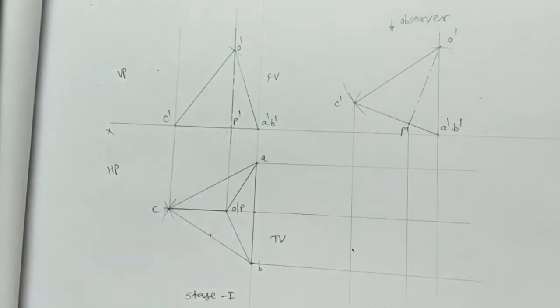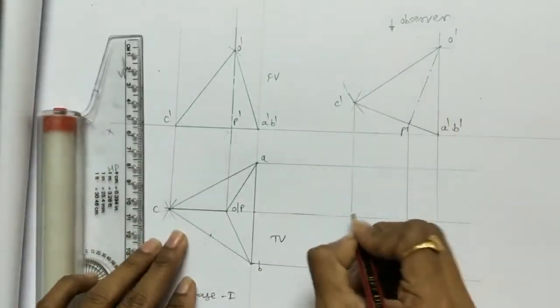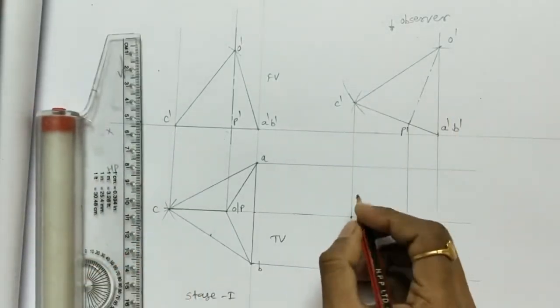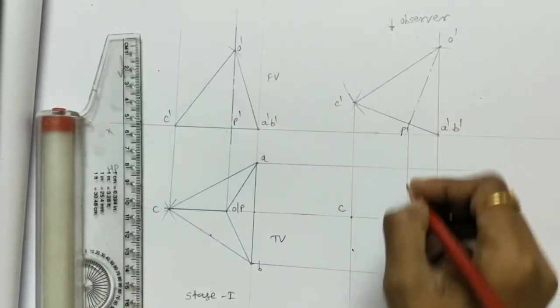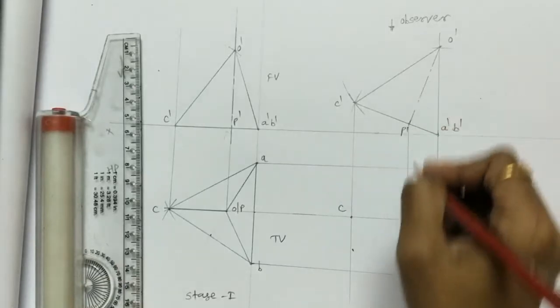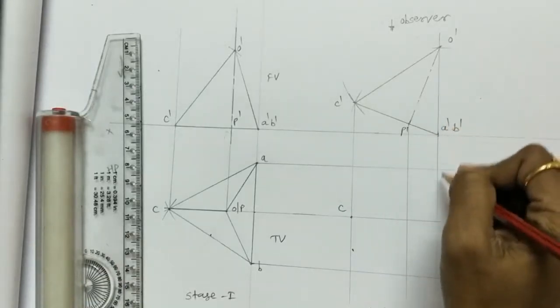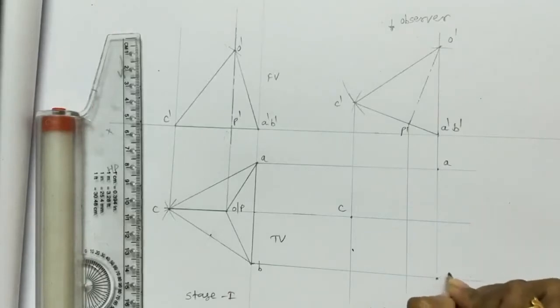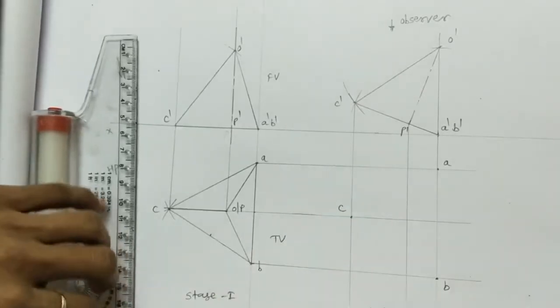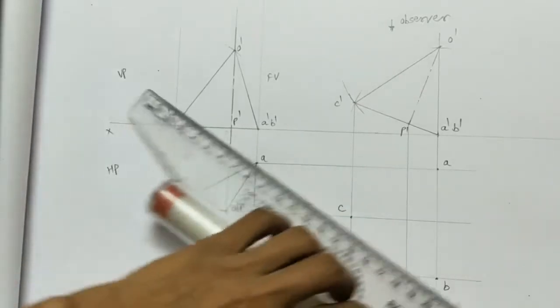Now we will get all the points. So C dash here and here. So this is C, then P dash. We will give the axis later. A dash B dash, so this is A and this is B. Now join the outer points C, A, B by dark lines.